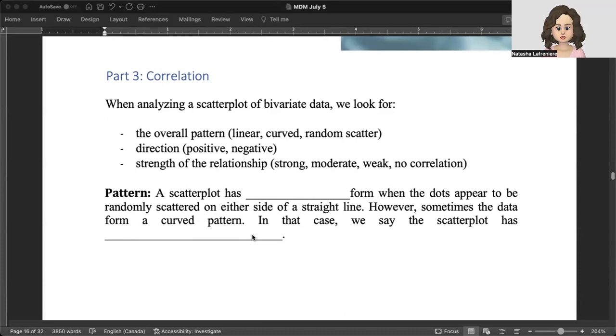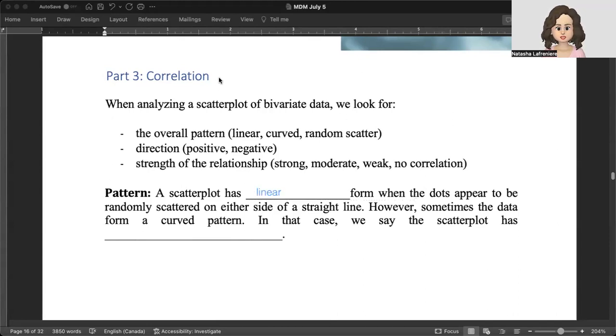Strong means all of your plots would be close together. Moderate would be a little bit further apart. Weak would be kind of all over the place, and no correlation would be seriously all over the place. A pattern is a scatter plot that has a linear form.